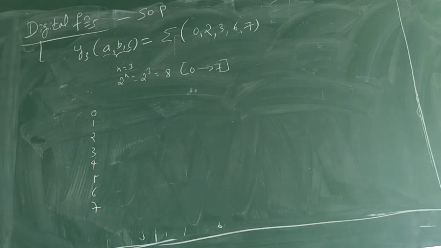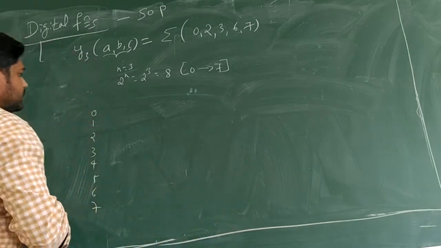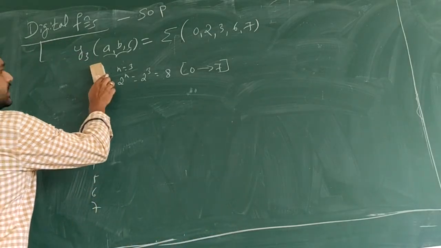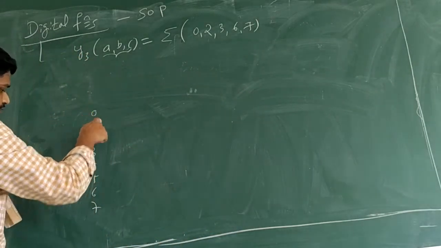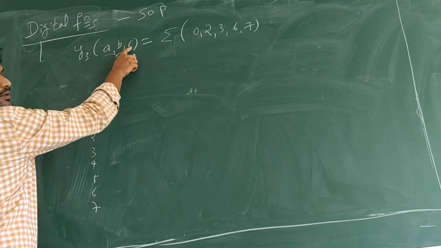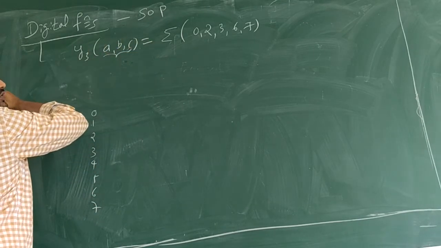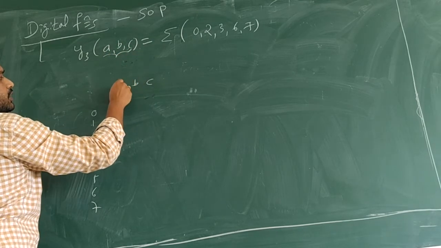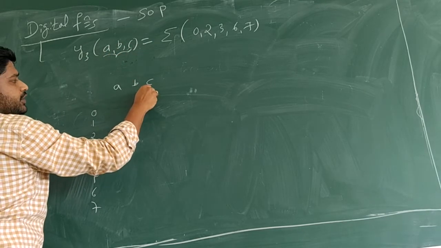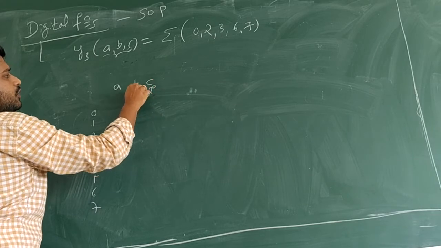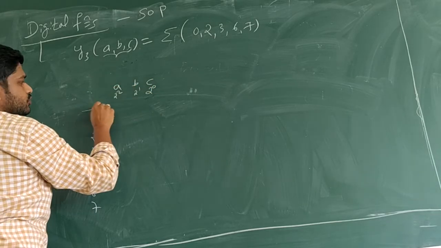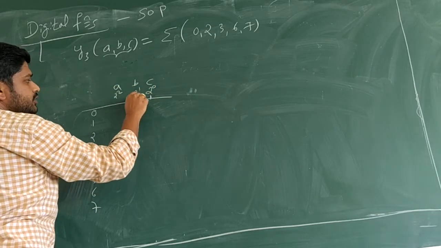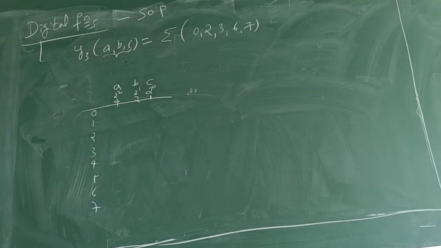Observations will be from 0 to 7. How many variables? From your right towards your left: 1, 2, 3. So hence C, B and A. Magnitudes 2 raised to 0, 2 raised to 1, 2 raised to 2. Weights 1, 2 and 4.